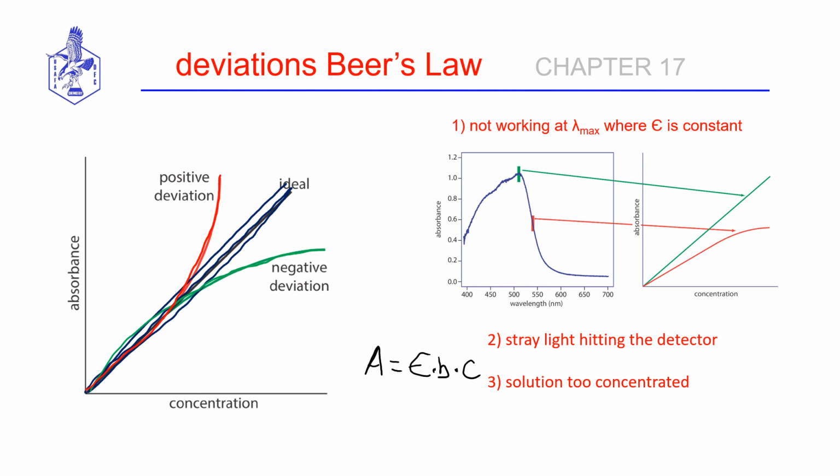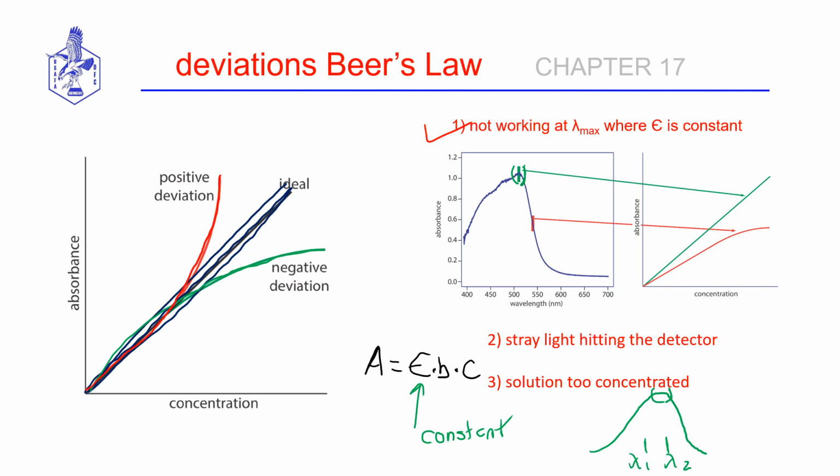So what can cause those deviations from Beer's law? First and foremost, not working at lambda max. So if you are measuring absorbance over a range of wavelengths, we are assuming that the extinction coefficient is a constant value. If you're at the top of a broad absorption band, that's a good assumption because the extinction coefficient at this wavelength doesn't vary a whole lot from the extinction coefficient at that wavelength.